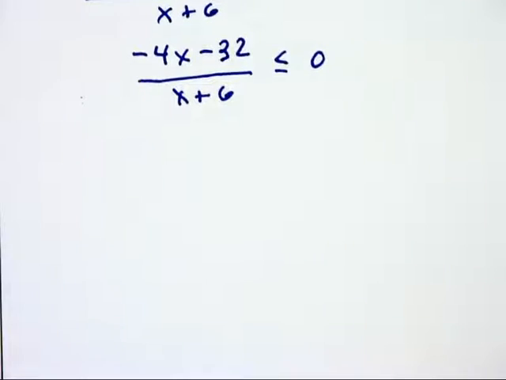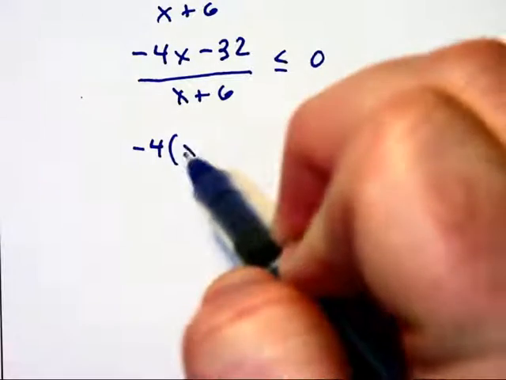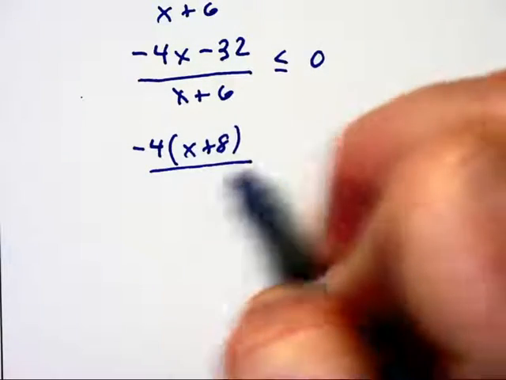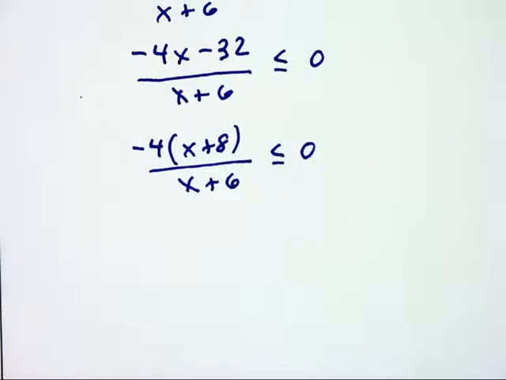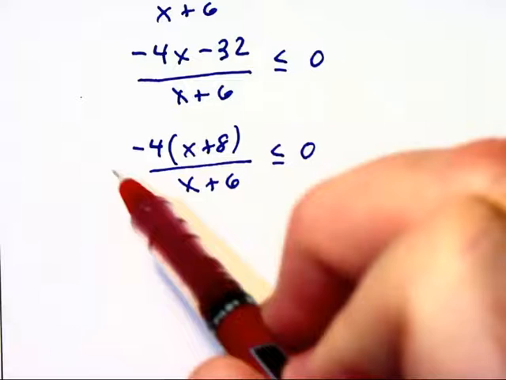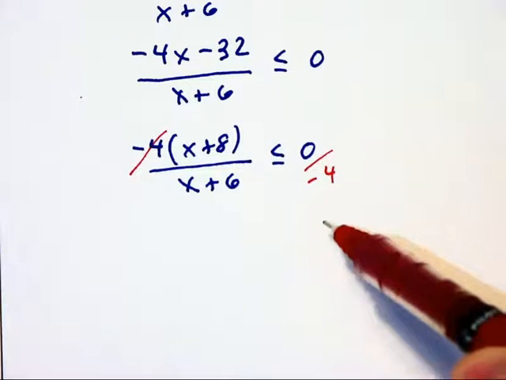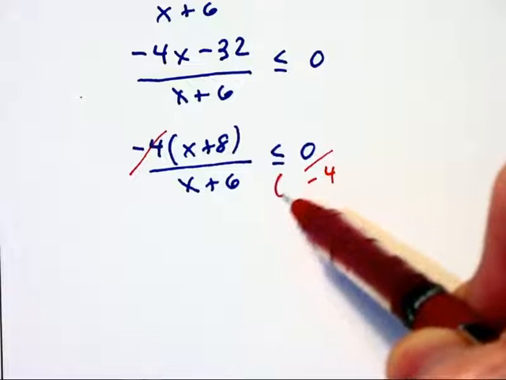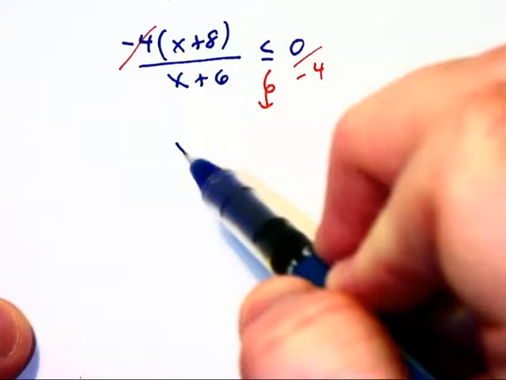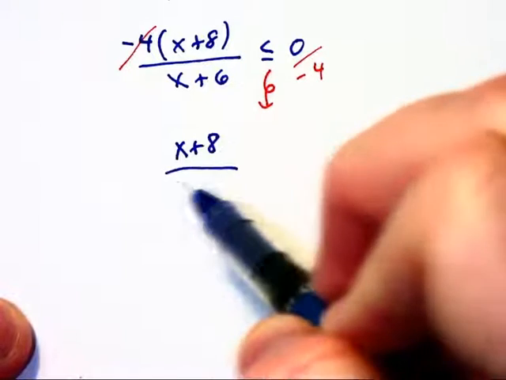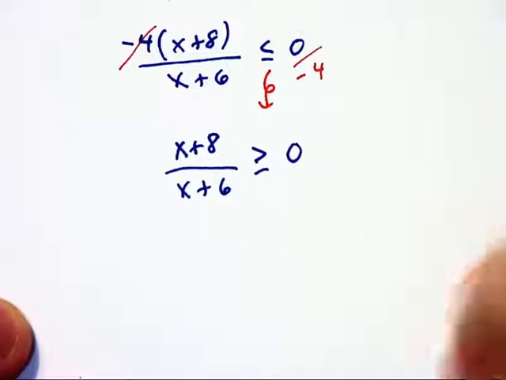Now we notice that the numerator can factor, and we will have negative 4 times x plus 8 all over x plus 6 is less than or equal to 0. I'm going to choose to divide by negative 4 on each side. On the right, 0 divided by negative 4 is 0, and we can change the direction of our inequality. This leaves us with x plus 8 over x plus 6 is greater than or equal to 0.